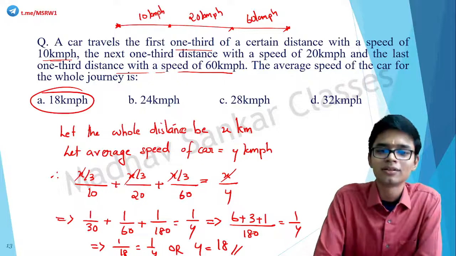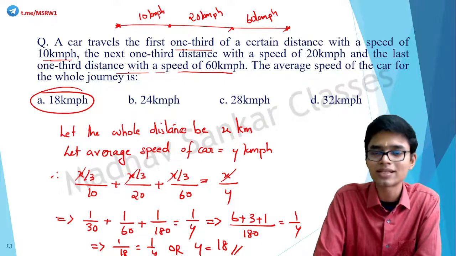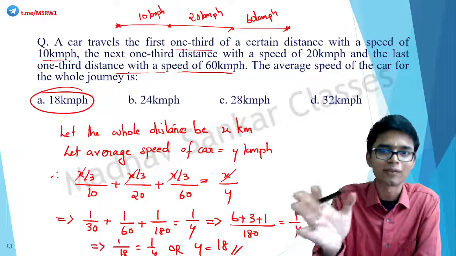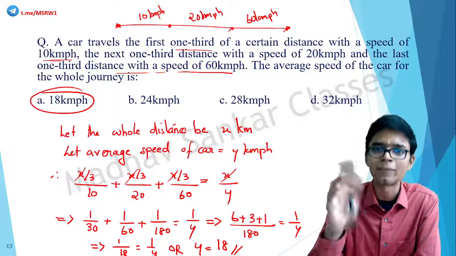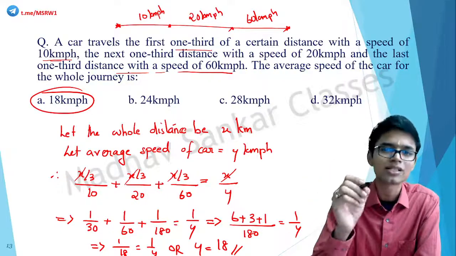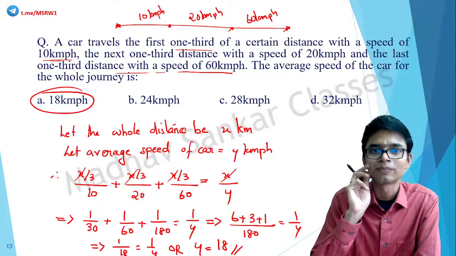Got it? Very simple, very direct questions. These are the kinds of questions that you get from distance and speed. This topic appears in almost every exam, whichever exam you write. The numbers will vary. In certain cases, calculations will be slightly more difficult, but this is the approach that you have to take.